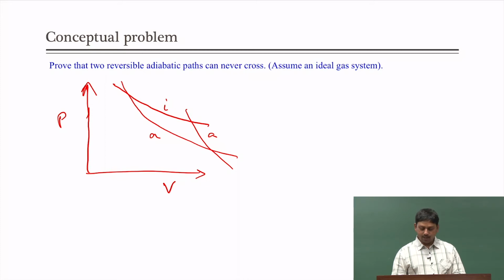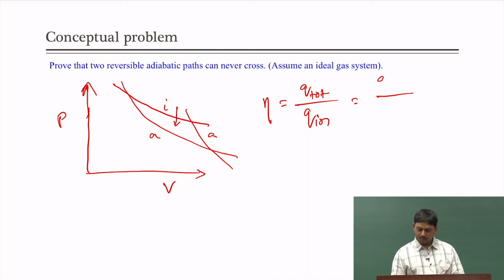If this is the case, let us calculate the efficiency. Eta is, we know that Q tot by Q in, right. What is Q in? So, Q cannot be in through any of this adiabatic process. So, this is the Q in, right. Let us say this is some value Q, and what is Q tot?